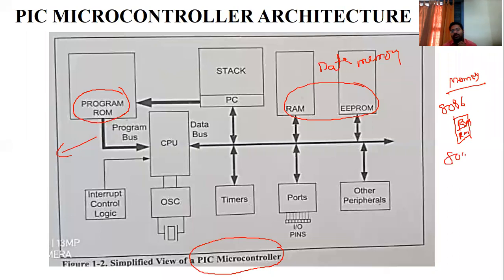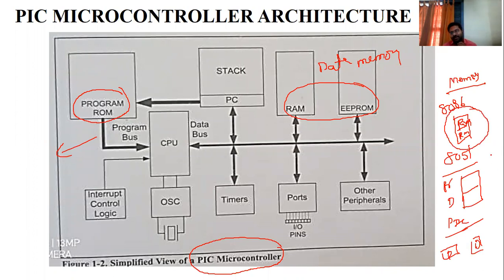When we talk about the 8051, we have the program memory as well as the data memory, but separated. Coming to the PIC18, it has separate program memory as well as separate data memory. See this difference: in the 8086 microprocessor, program and data memory are combined, but in the 8051 they are separated. In the PIC controller, it is a separate program memory and a separate data memory. This program memory, the ROM, is nearly 2 MB in the PIC18.